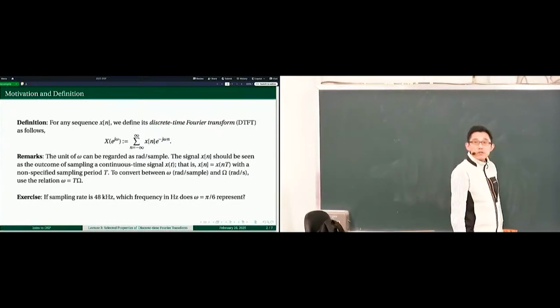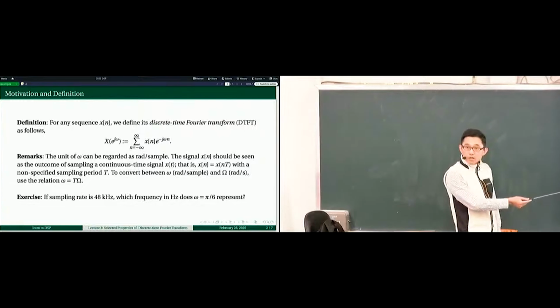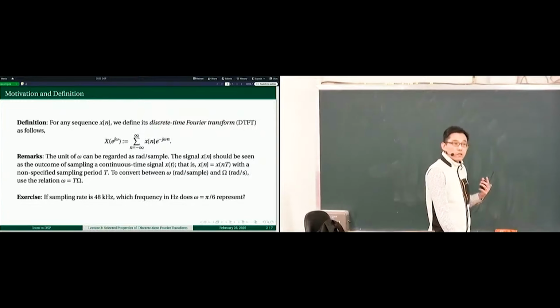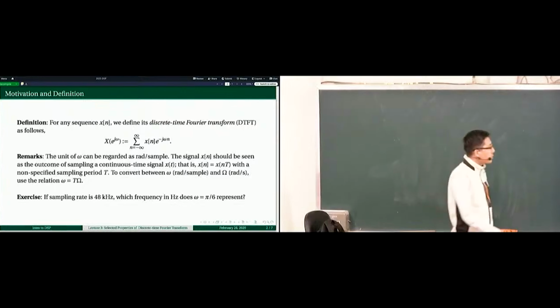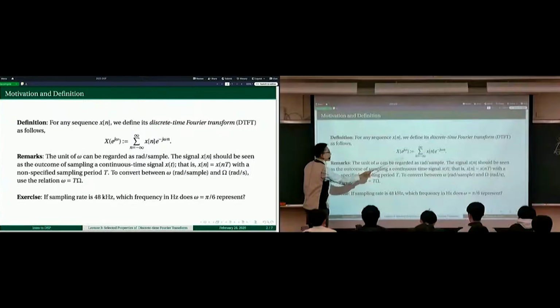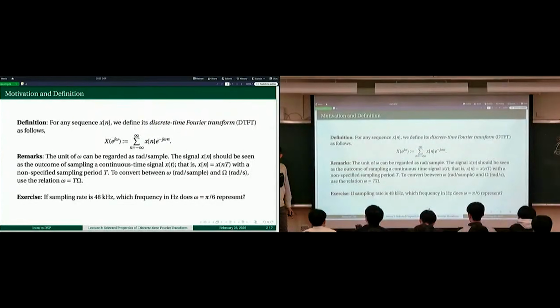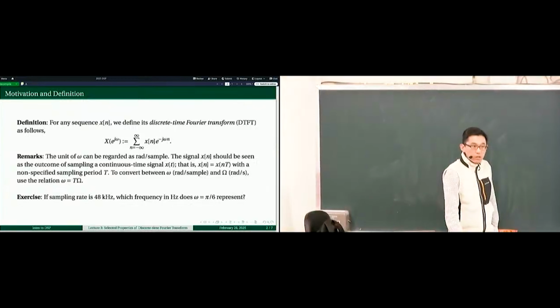The result becomes a function of, beware of the notation, small omega. Previously we had big omega, but here, because n is an integer, we use lowercase small omega to denote the frequency variable. The result is a function of small omega. So far so good.